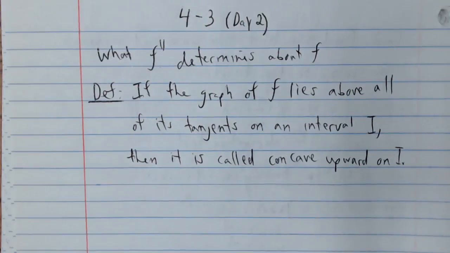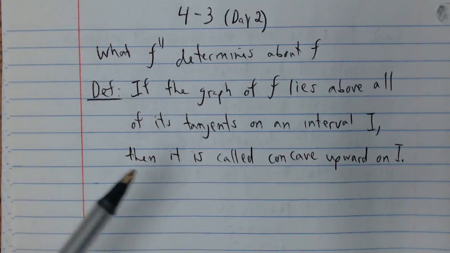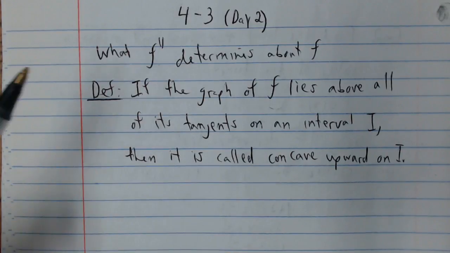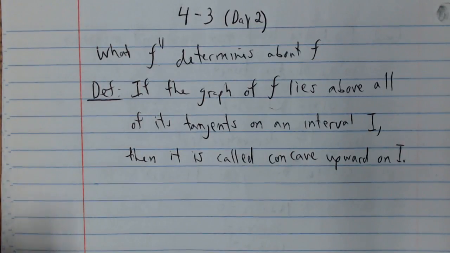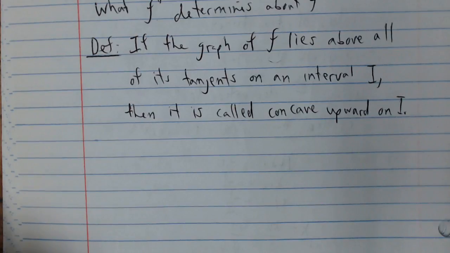Okay, so basically what we're saying is if you draw out your tangents, and you notice your tangents are below the curve, then that's suggesting that f is concave upward. So we'll draw a picture in a minute, and then you'll see exactly how it looks, and I'll describe it in a different way as well. So this is kind of like the formal definition.